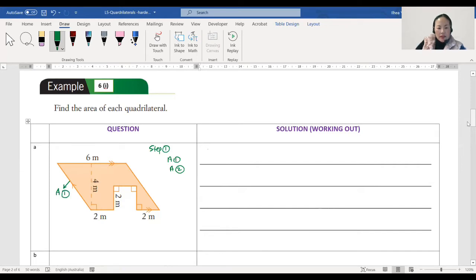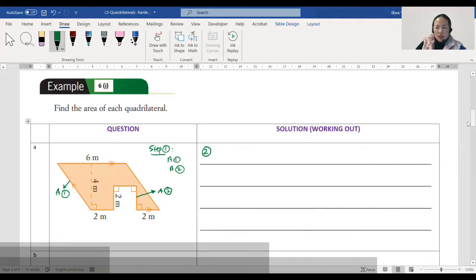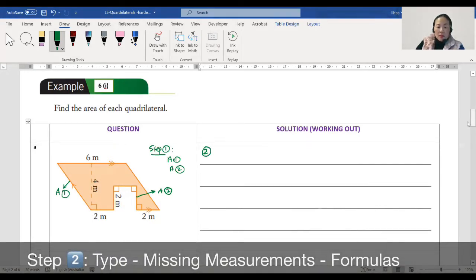And the one that is inside, smaller, I'm going to call area 2. So that's step 1, name A1, A2. Step 2 is you have to think about what kind of quadrilateral it is for A1, and then think about A2.